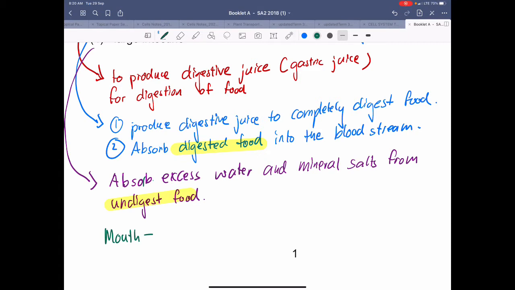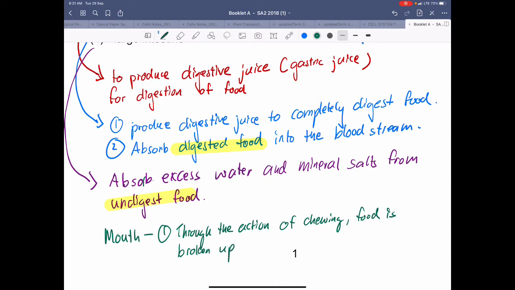Break up your food into smaller pieces. Okay, so that's the first function. Through the action of chewing, food is broken up. Broken up, not broken down. Broken down means digested into smaller pieces.